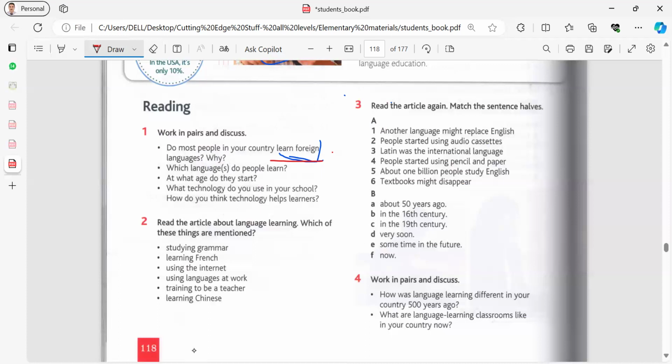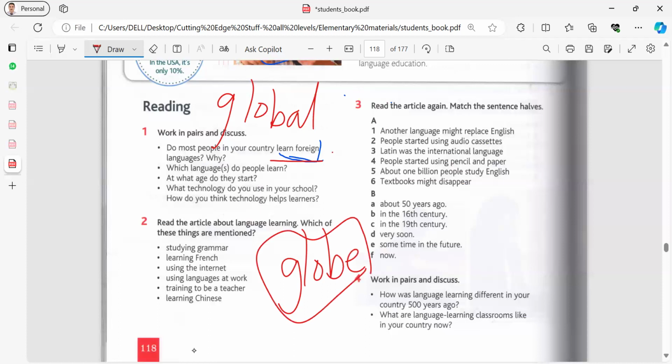What does global mean, guys? Global, عالمي, like international. So from globe. Okay, so we live in a small village, as you heard. يعني كلنا عايشين في قرية صغيرة. Why? Because all the people around the world use the internet.